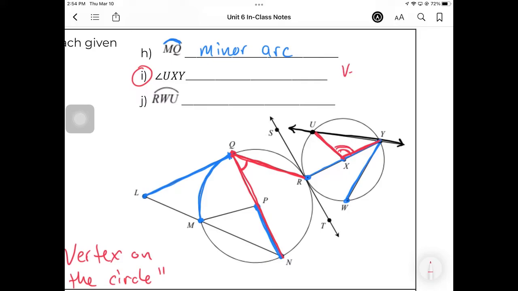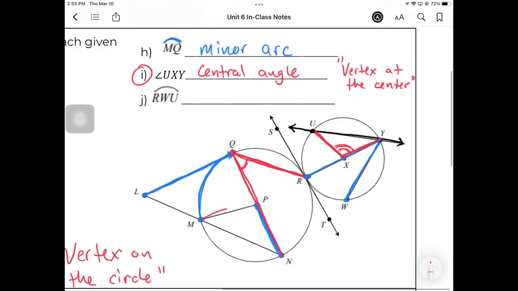Since the vertex is at the center, any angle where the vertex is at the center of a circle, we call that a central angle. So UXY is a central angle. Another central angle might be MPQ. Okay, that would be a central angle.